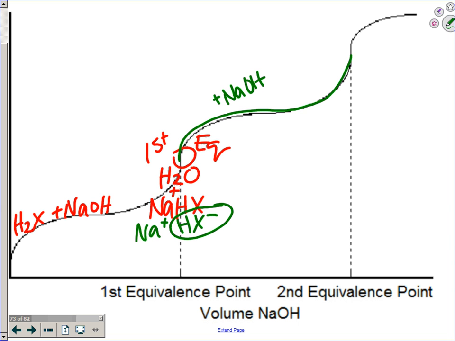So who's really reacting with this base? The acid, right? Which is going to be who? HX minus. So this is the first conjugate base that is made. It reacts with the rest of the sodium hydroxide being added. And then at this equivalence point, what are the products?